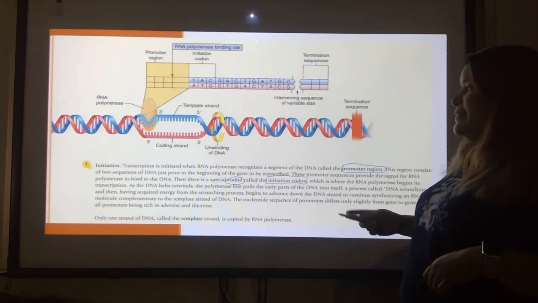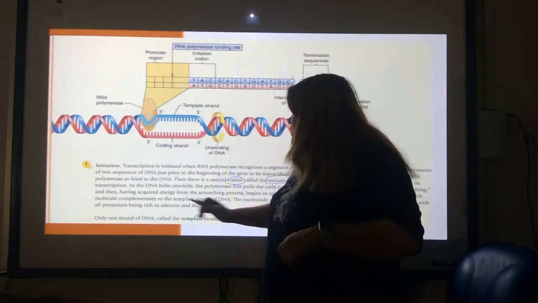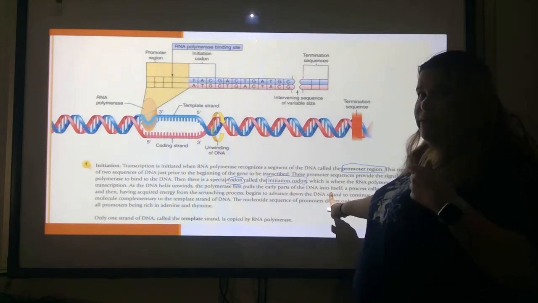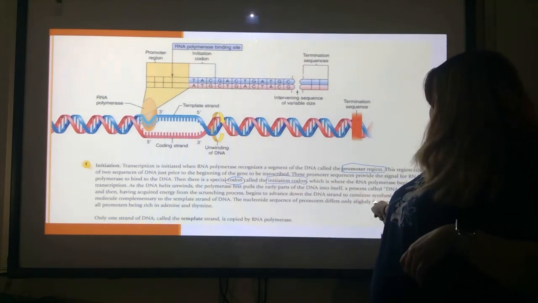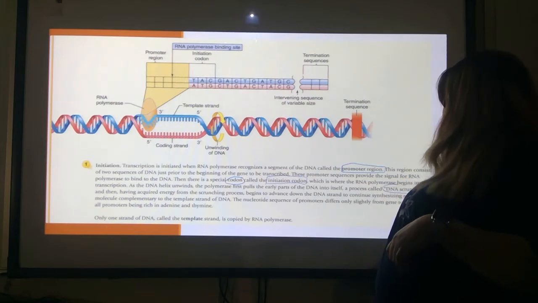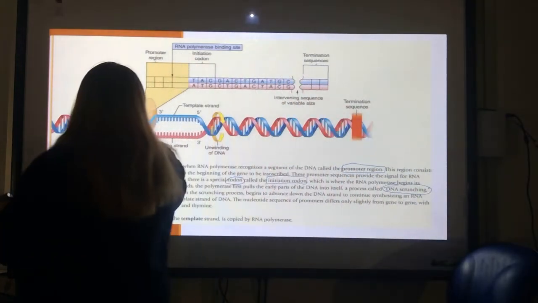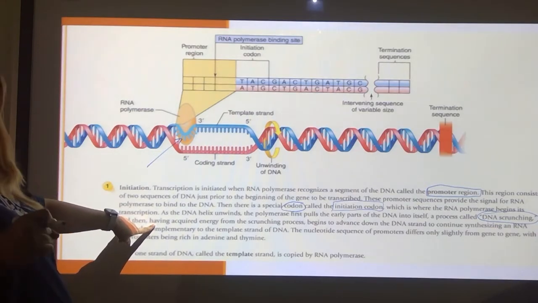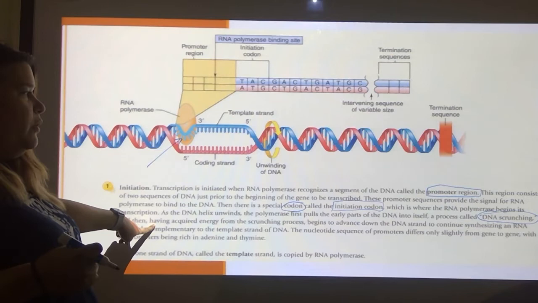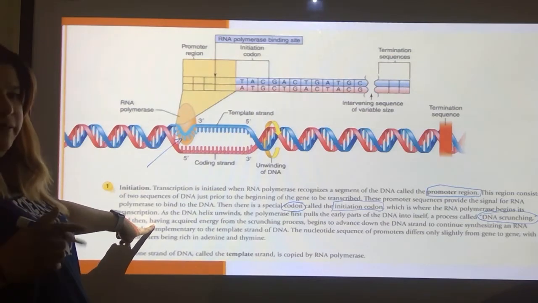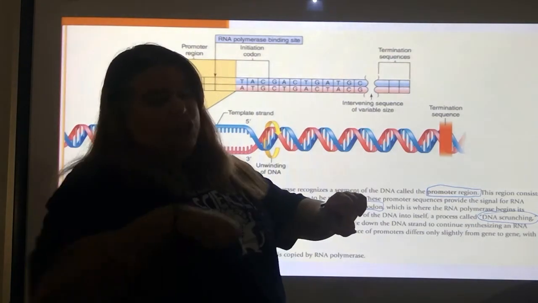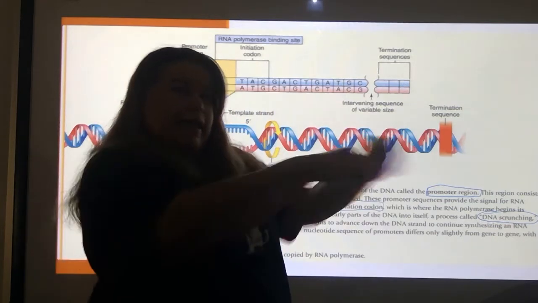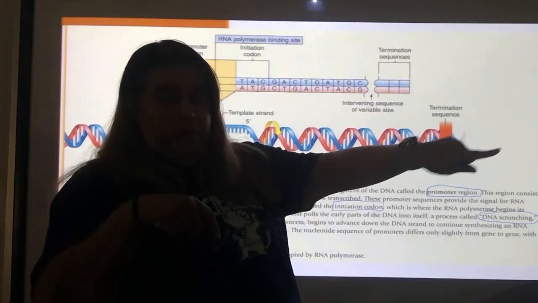As the DNA helix unwinds, the polymerase first pulls an early part of the DNA into itself, a process called DNA scrunching. So literally, you can see this here. It's almost like having a spring in a pinball machine. You've got the ball in the pinball machine, you pull back the handle and the spring pulls back and gives it the momentum to hit the ball, right?